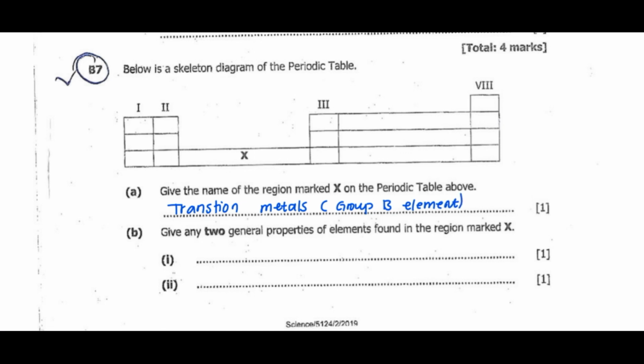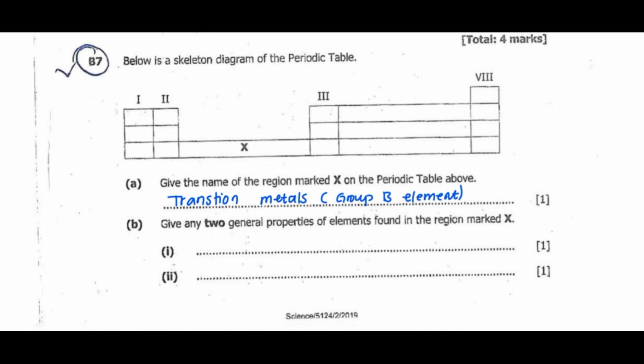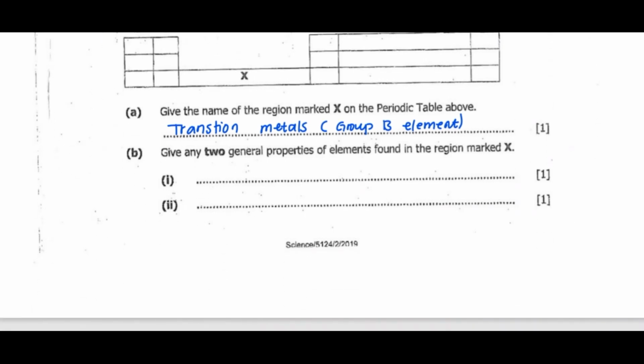Then give two general properties of the elements found in the region marked X. So the properties for metals, the first one we can say they conduct electricity. Then apart from conduction of electricity, they are good conductors of heat.